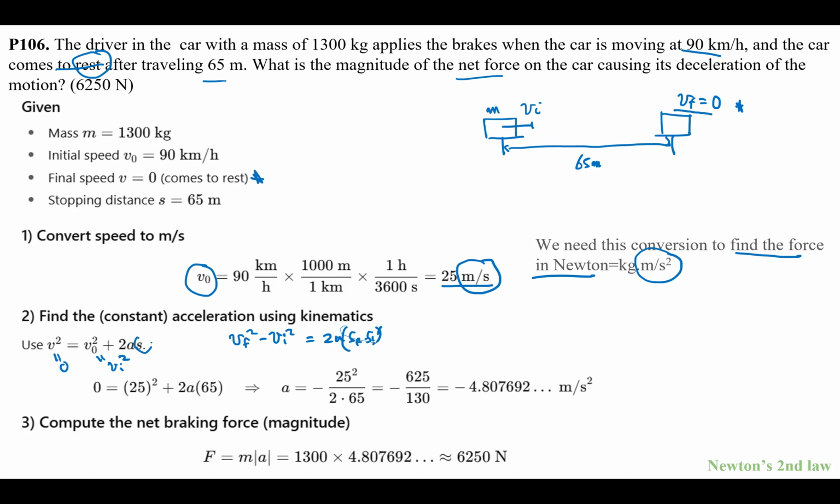And then we know what the s is, 65 meters. And then we can find out what a is. And once we find out the acceleration, we can find out the force, F is given by ma. Okay, this is what we get.